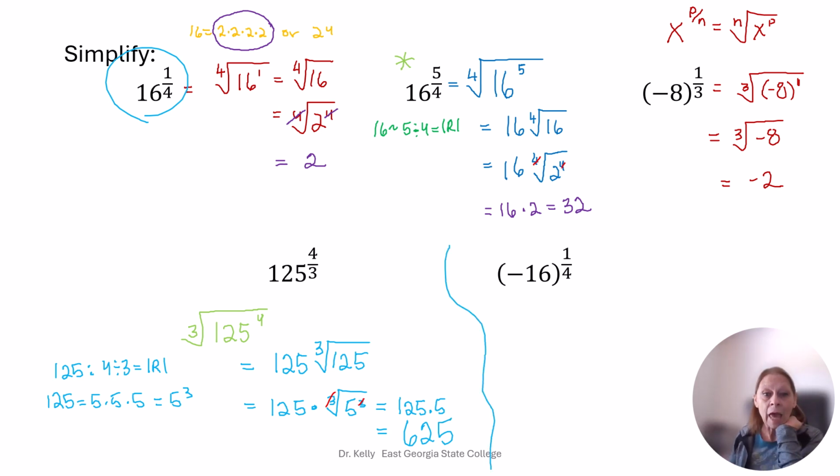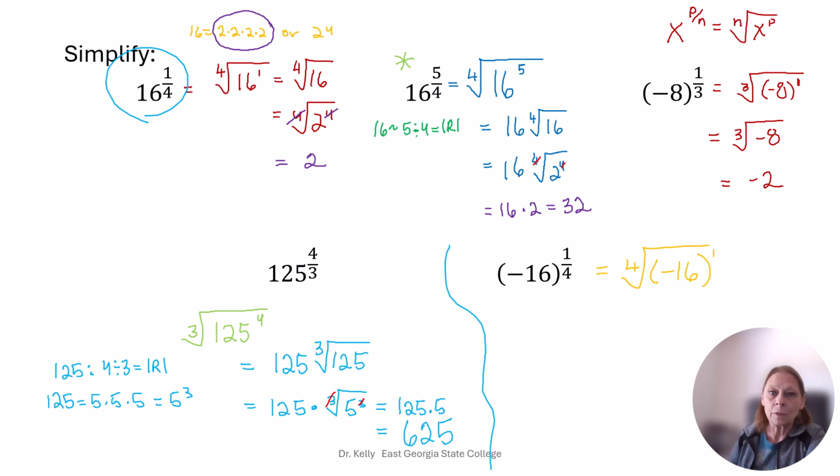And then the last and final one, and the last and final lecture. I'm so excited. Okay, so this is equal to the fourth root of negative 16 to the first power.